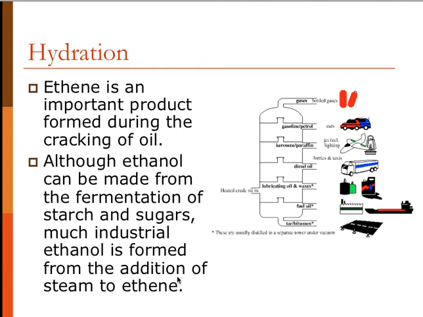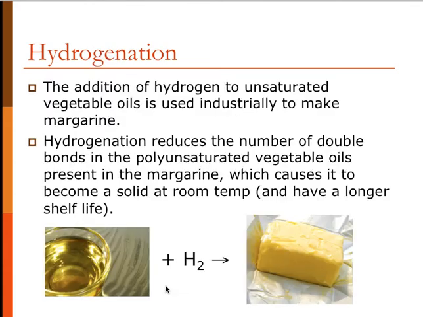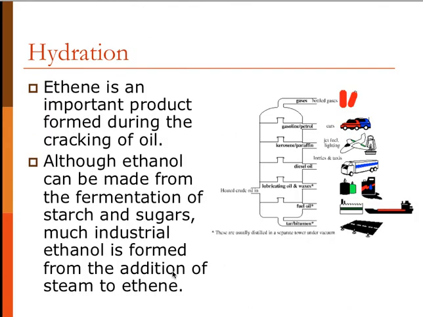Okay, hydration. Ethene is an important product formed during the cracking of oil, and ethanol is easily formed with the addition of steam to ethene. Oh, and remember that concentrated sulfuric acid, or I should just say sulfuric acid, is the catalyst in this reaction.